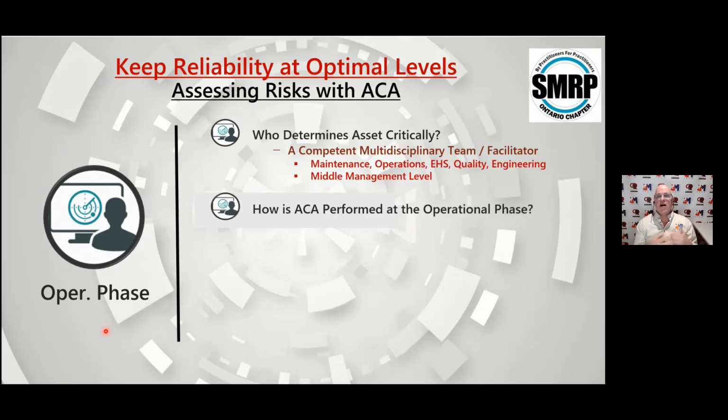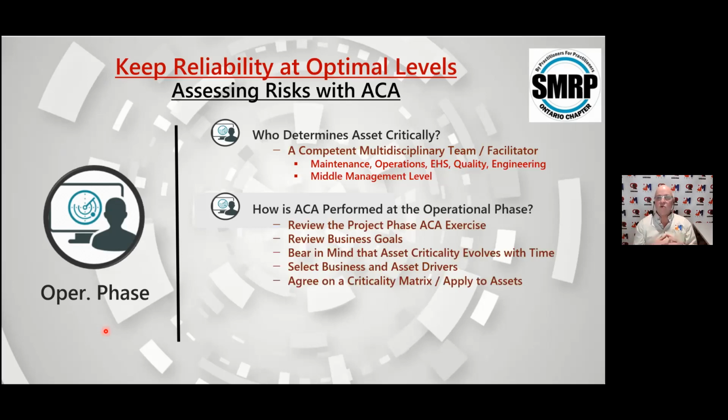So how is an asset criticality analysis performed at the operational phase? So we already know that it is the endeavor of a competent team. So if we do have a previous ACA analysis from the project phase, let's use it as a starting point.